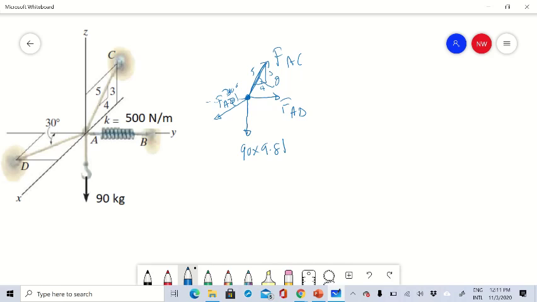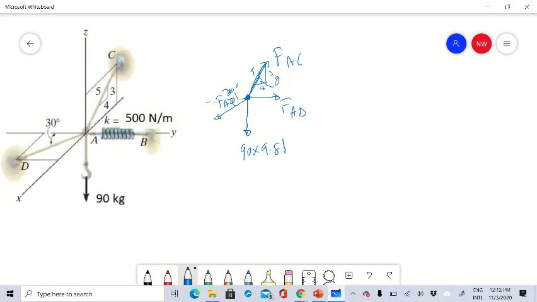So now we have drawn the free body diagram. We have marked all the unknown and known forces with their directions, right. Now we know that this is a particle in equilibrium subjected to forces in a three-dimensional system, right.